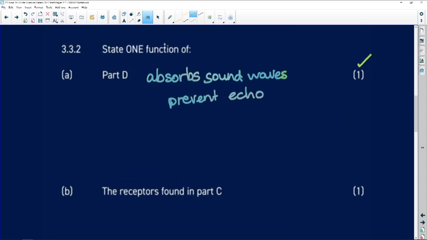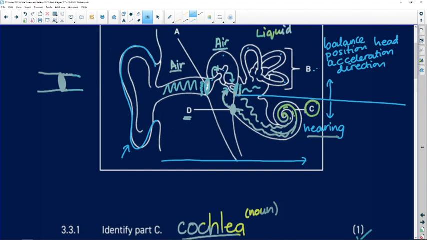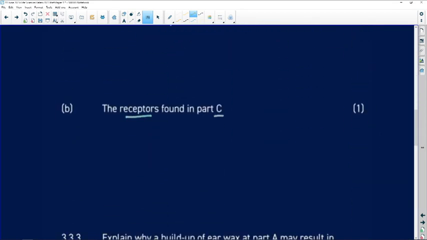We now have to state one function of the receptors found in part C. Go back up to our diagram. Part C, we said, was the cochlea. What do we call the actual receptor cells?